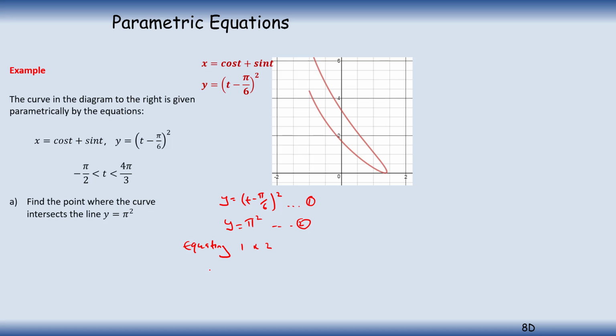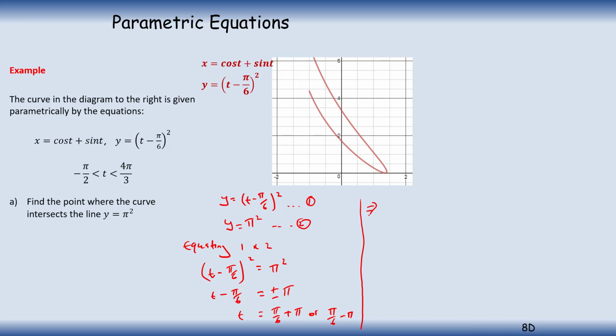So that will give us then t minus pi by 6 squared is equal to pi squared. So if you take the square root of both sides, then we get t minus pi by 6 is equal to plus or minus pi. So t is equal to pi by 6 plus pi, or pi by 6 minus pi, which gives us two answers then.